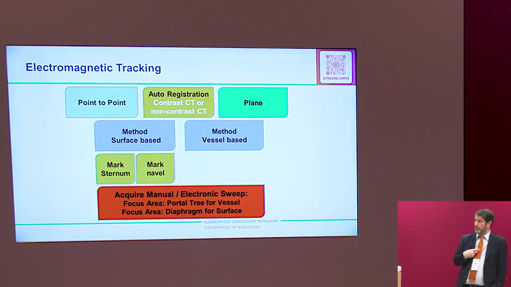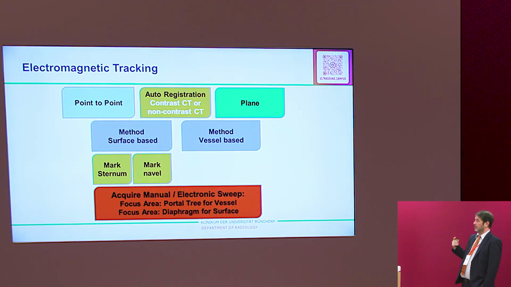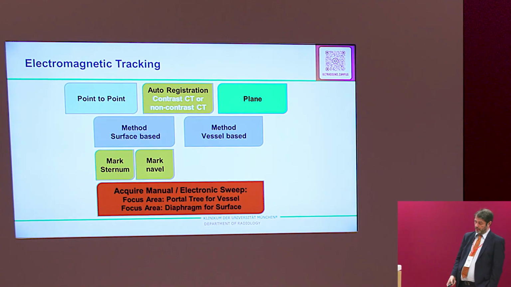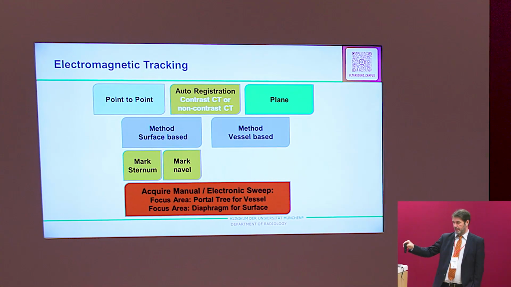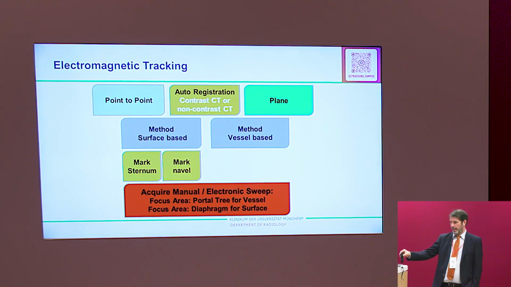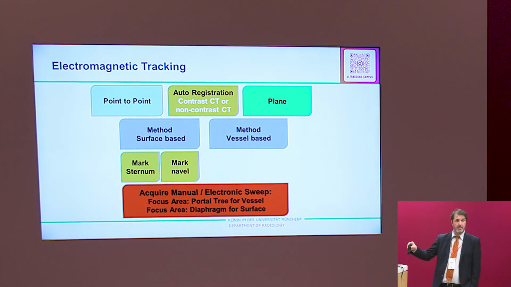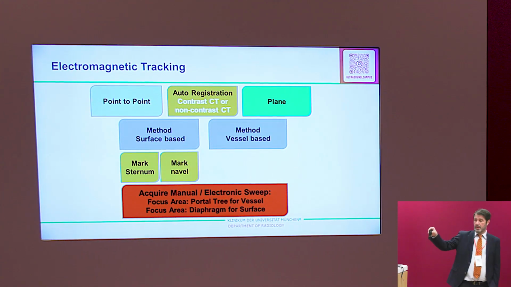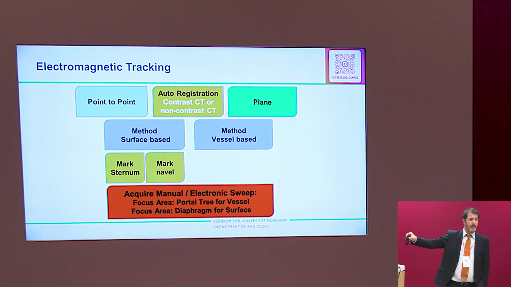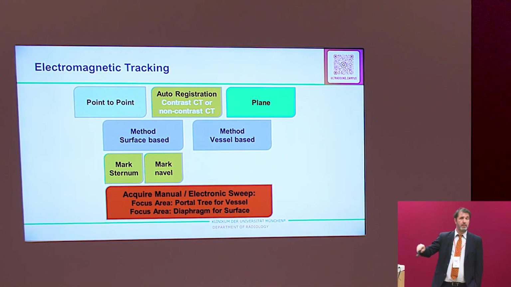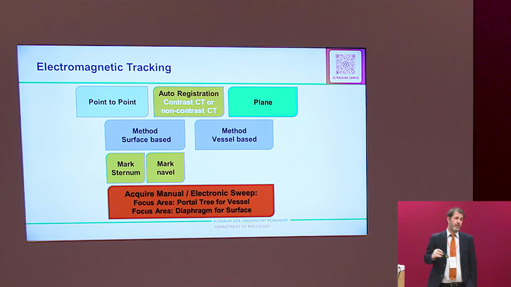Or what I prefer most of the time is plane registration. I hold the plane in exactly the same plane as the CT or MRI acquired data, the axial plane. And then I tell the system, this plane is the same as the other plane, push a button, freeze, and then it's registered.